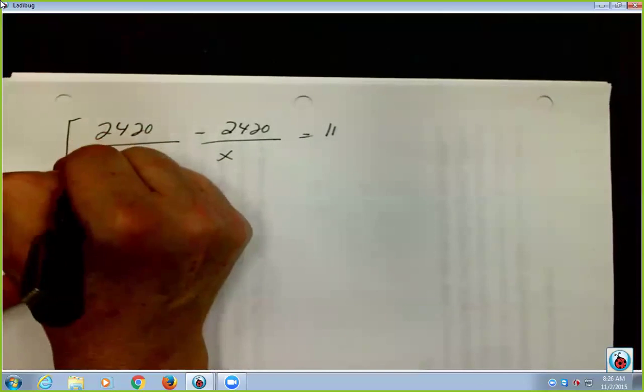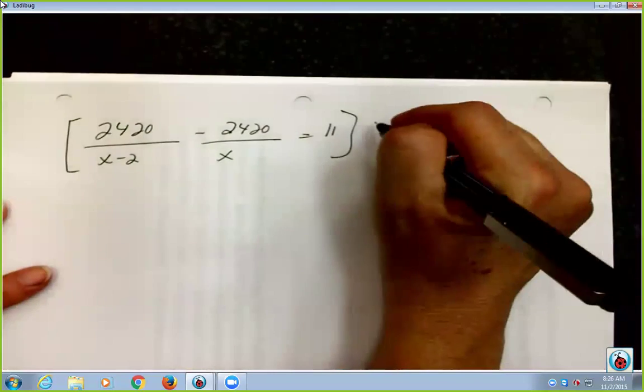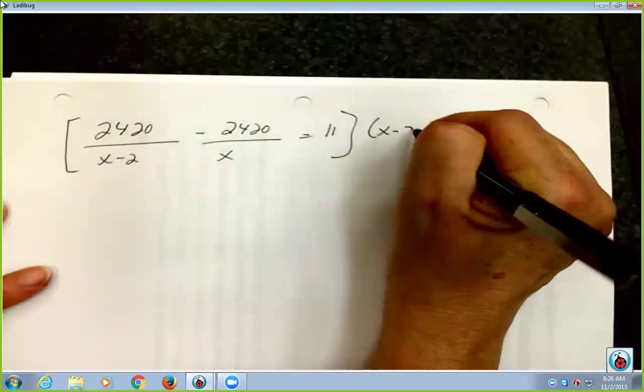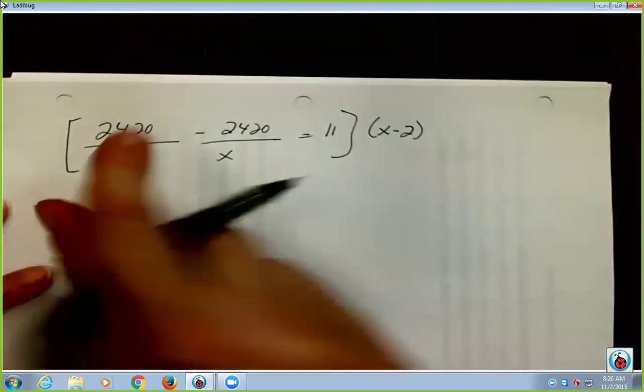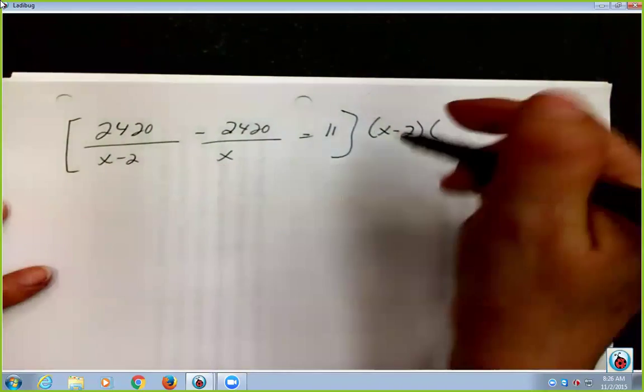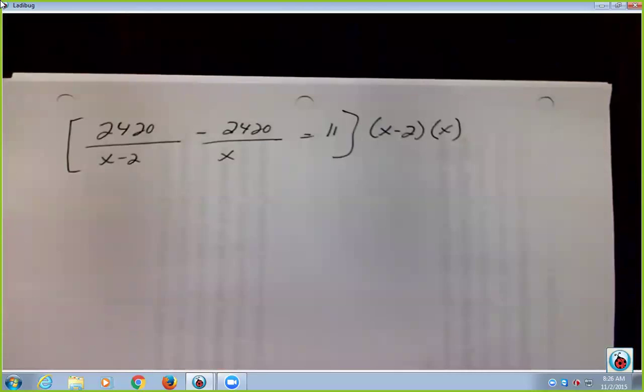So to solve it, I need to clear out my denominators. That means I need a common denominator of X minus 2 and another X because that's the other denominator. Now I've got to cancel stuff out.